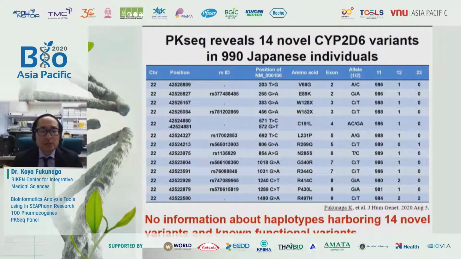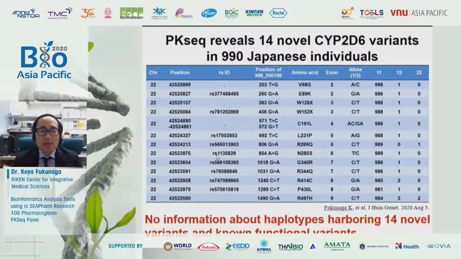As I introduced in the previous slide, I sequenced 990 individuals using a PKSeq panel. The history of discovering CYP2D6 variants is very long, and many researchers continue to sequence many samples to discover CYP2D6 variants.